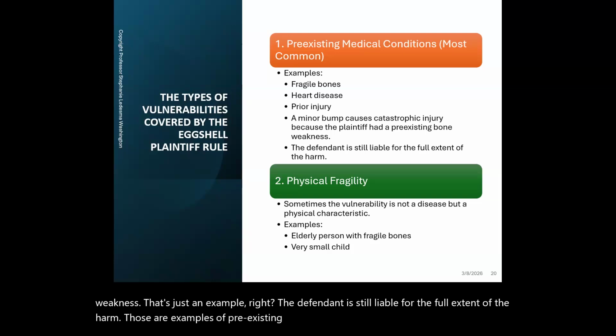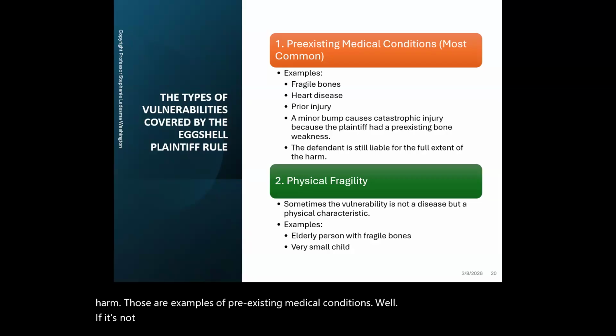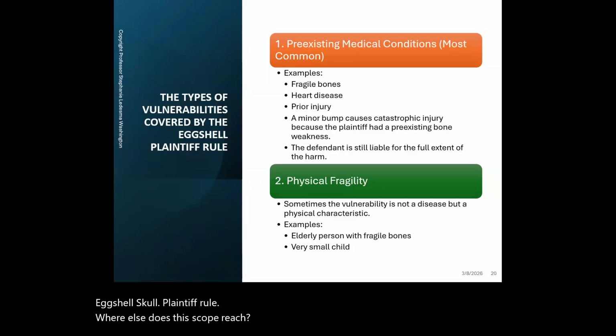Well, if it's not limited to medical conditions, what else does this eggshell skull plaintiff rule reach? Where else does this scope reach? Physical fragility. Sometimes the vulnerability is not a disease, but a physical characteristic.